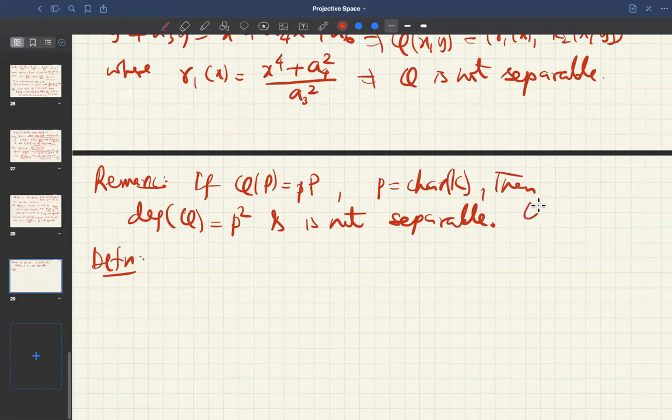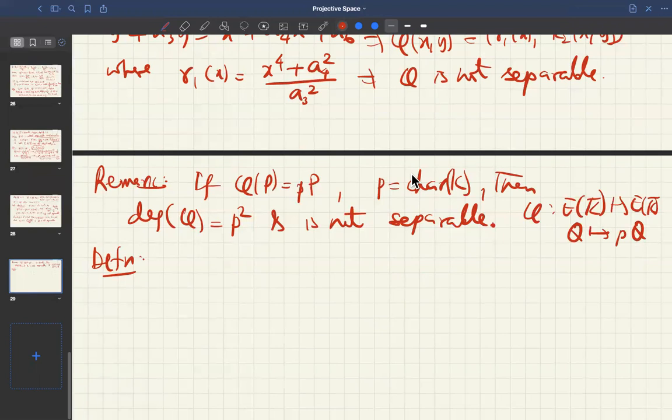You remember that phi is a map from E(K bar) to E(K bar). So here p is the prime p, and capital Q goes to pQ, where p is the characteristic of the field K.